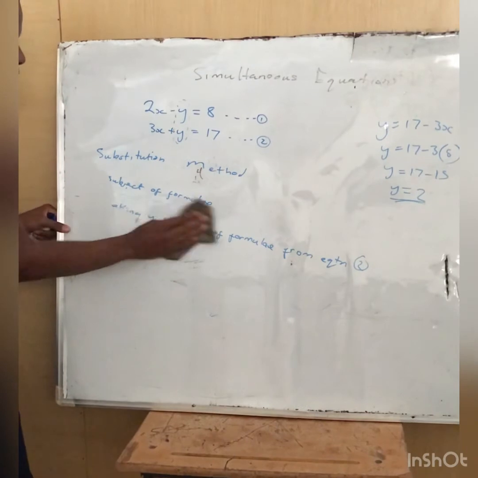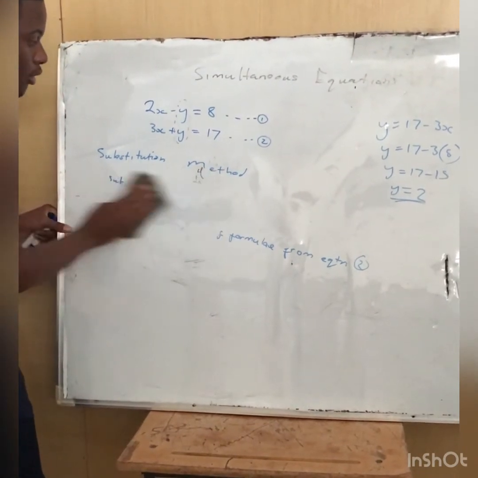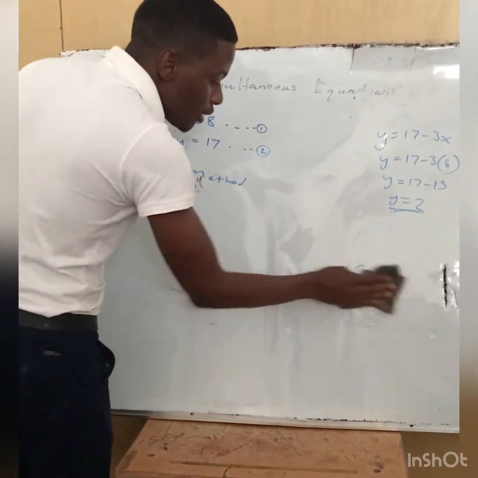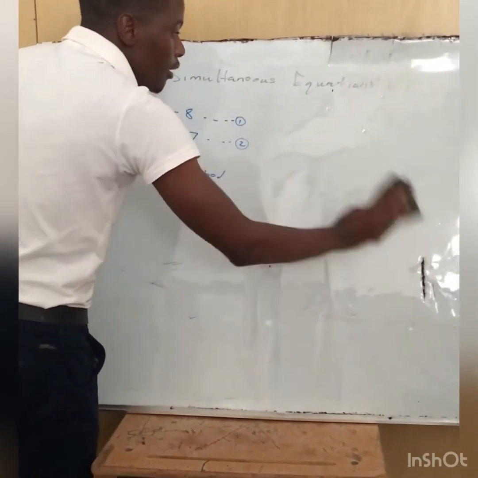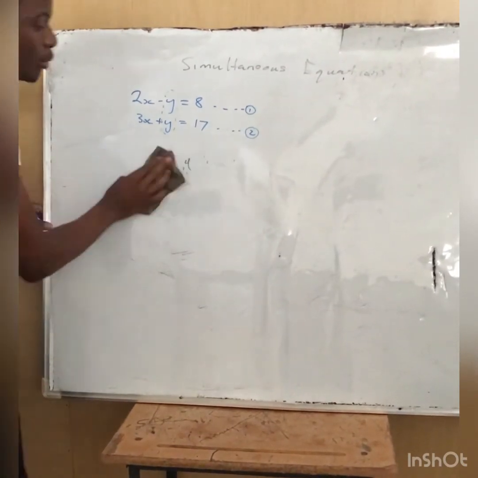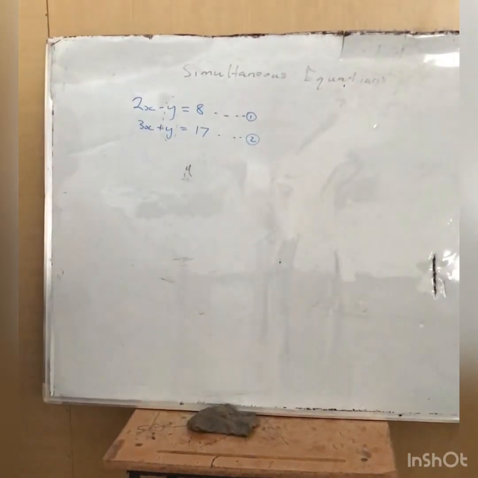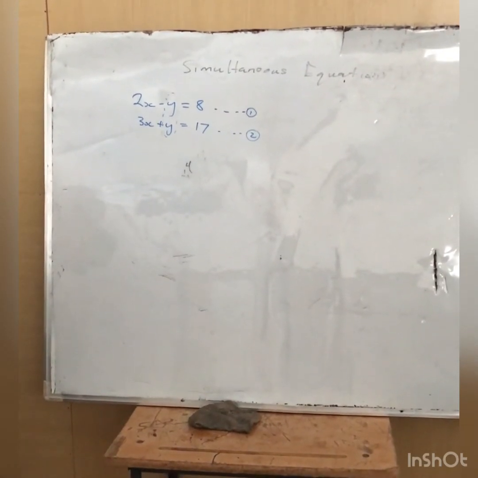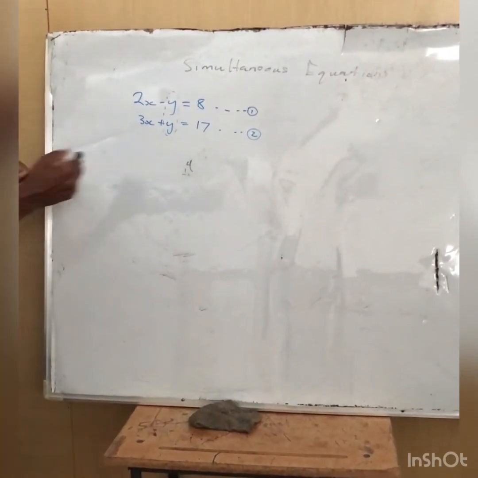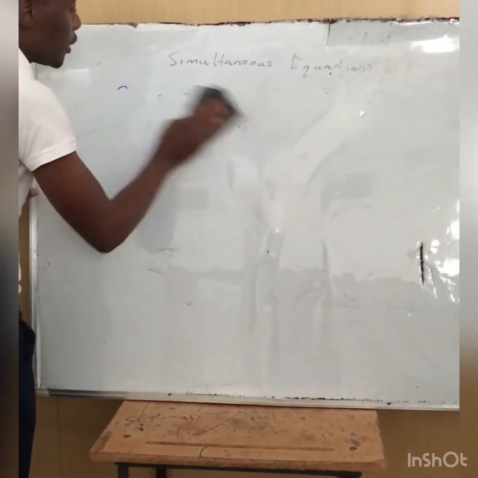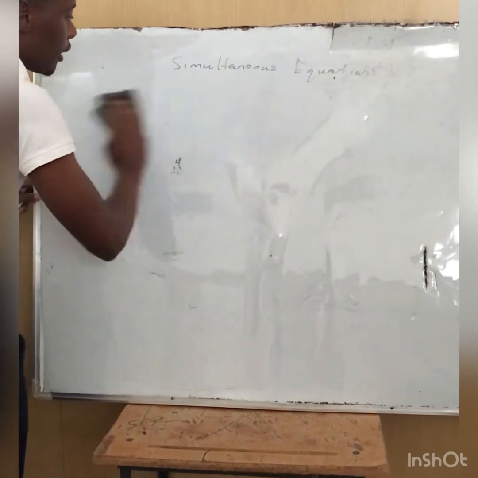So these were simple and straightforward examples, where in order to eliminate y, I was simply adding the equations. But there are cases where you don't simply eliminate by adding. So I'll consider another example, which helps us appreciate the elimination method.